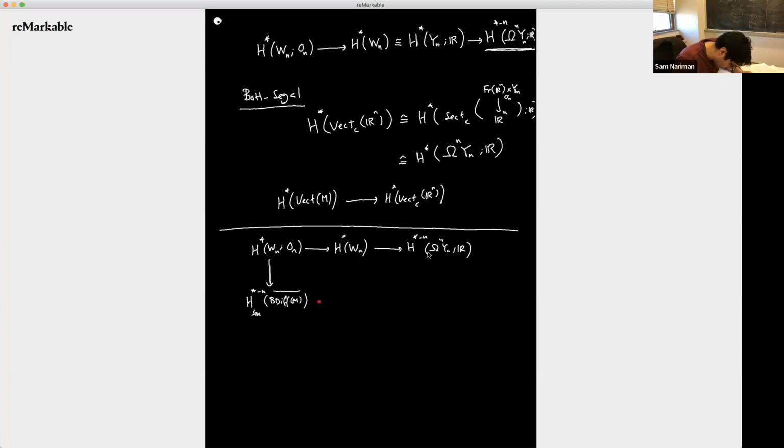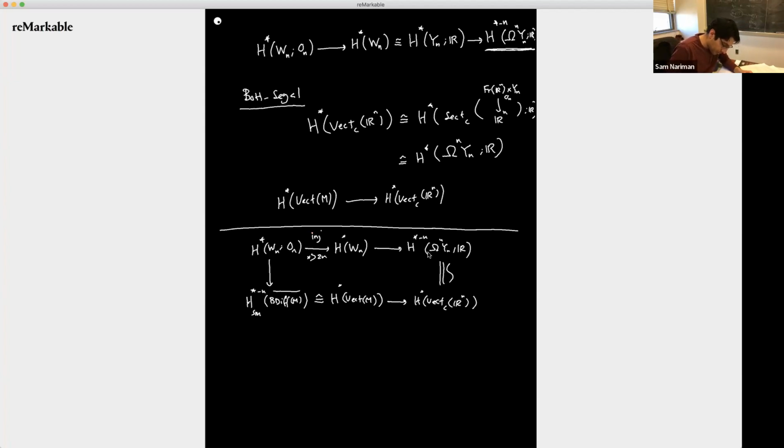And then this turns out to be isomorphic to the cohomology of vector fields of M. This goes to the cohomology of compactly supported vector fields of R^n, and this is an isomorphism. This is a calculation that goes back to Gelfand and Fuchs. It's used also in Losik's paper, that this is injective when star is bigger than 2n.